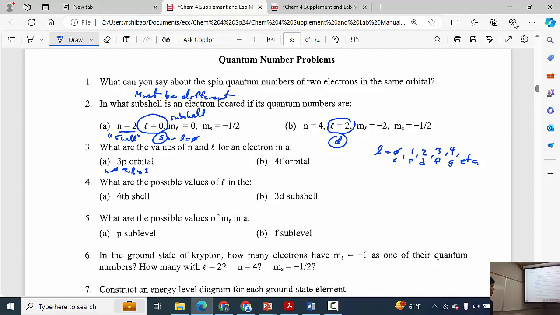One. So N is equal to 3, L is equal to 1. 4f orbital, N is equal to 4, L is equal to what? So if we're in the F, we must be L equals 3.